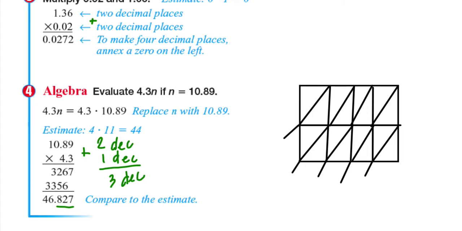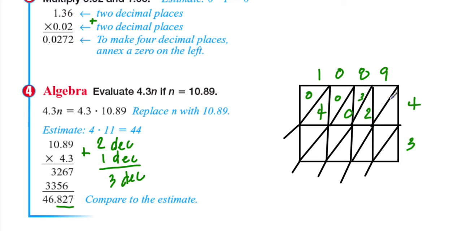Let's start. You have 1089. We will disregard the decimal points first. 1089 and 43 right here. And we start multiplying. 1 times 4 is 4. 0 times 4 is 0. 8 times 4 is 32.